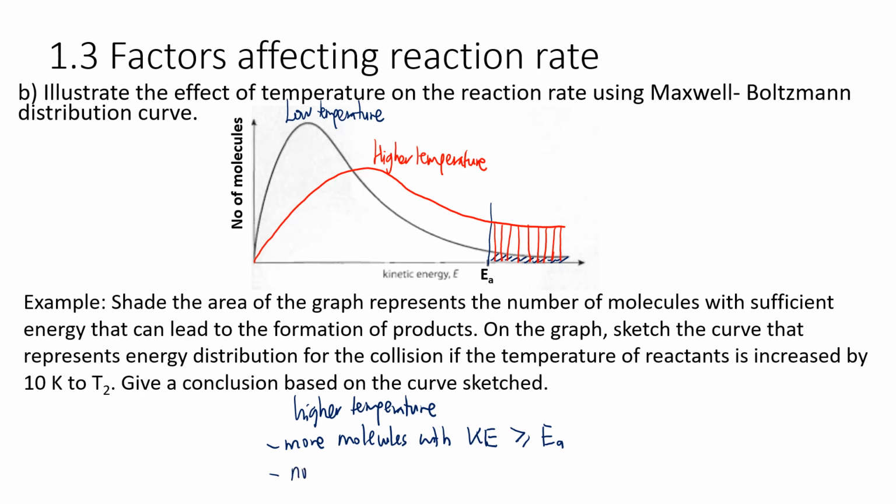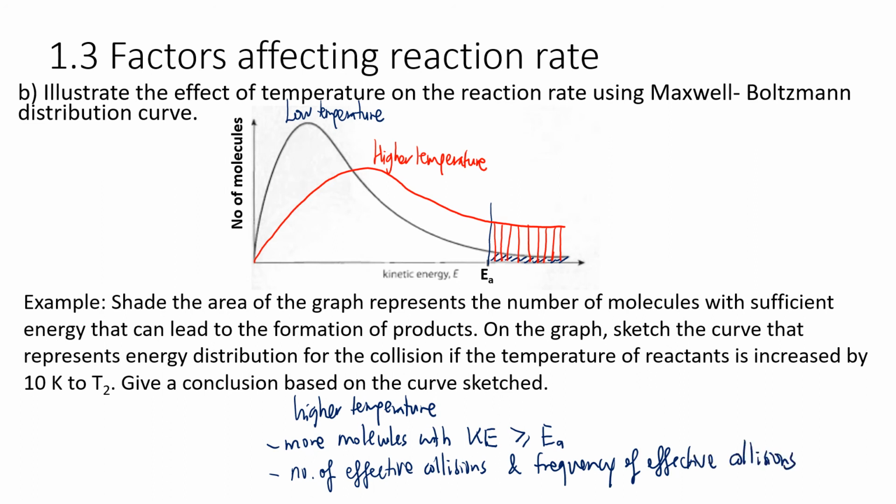Therefore, the number of effective collisions and also the frequency of effective collisions increase, and therefore the reaction rate increases. So this is how we use the Maxwell-Boltzmann distribution curve to illustrate the effect of temperature on the reaction rate.